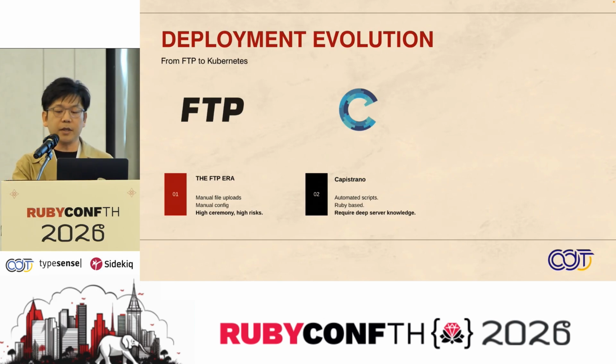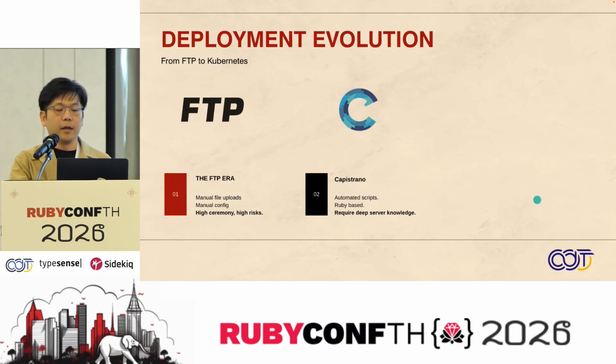But Capistrano still expected us to manage the servers: OS packages, Ruby versions, system services, Nginx config, SSL certificates. If we have, say, 3 app servers and 1 DB server, Capistrano will deploy the Rails code to those 3 app servers, but you still have to keep Nginx config in sync, manage firewall rules, and handle process upgrades. This is fine for 1 or 2 environments, but with multiple cells, it's not.